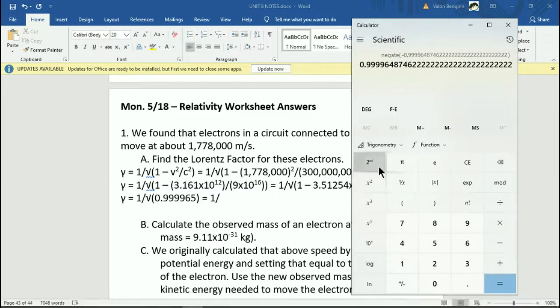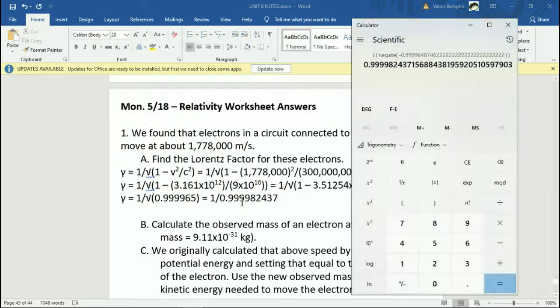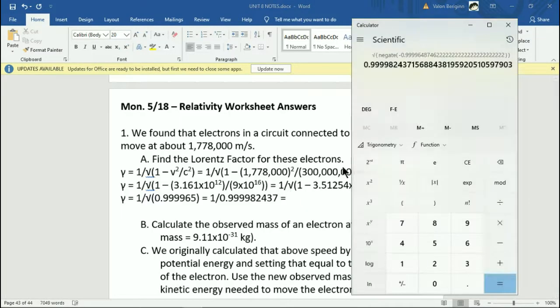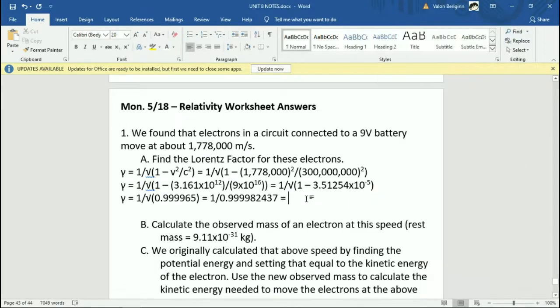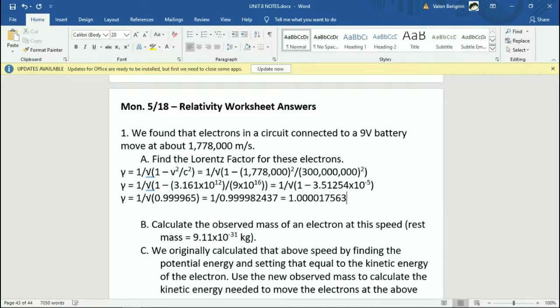Then we square root it, 4 nines, and then 82437. Then 1 over that, and our answer is 1.00000 and then 17563. There's our gamma.